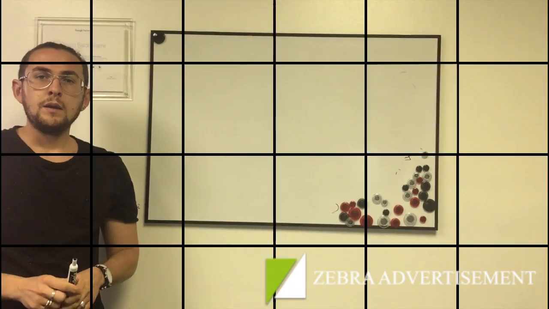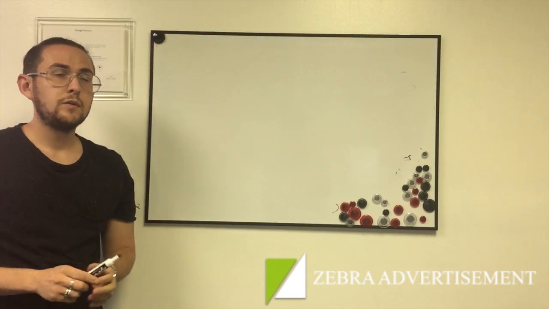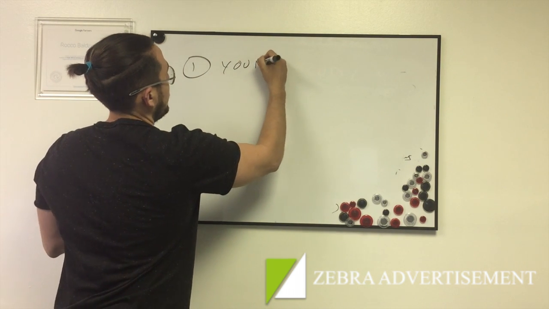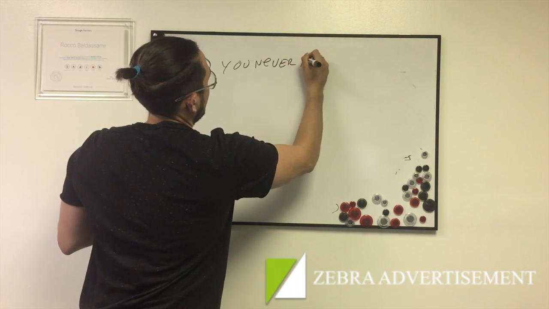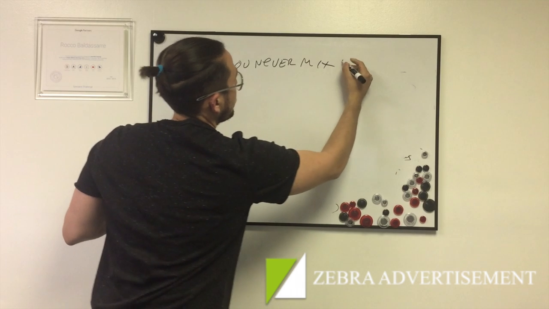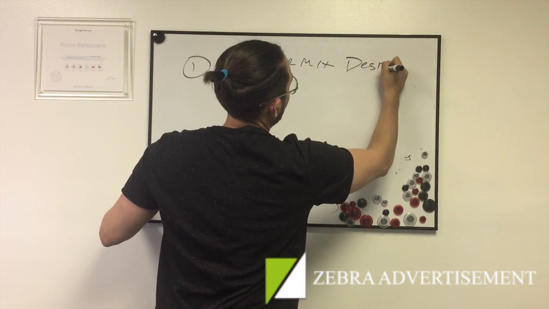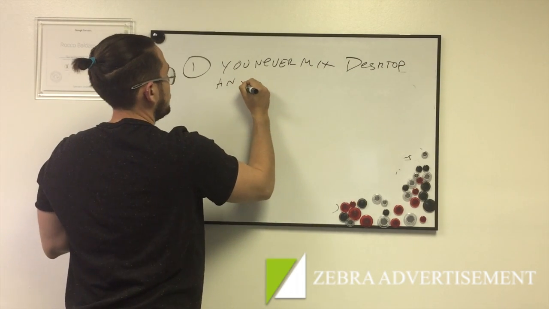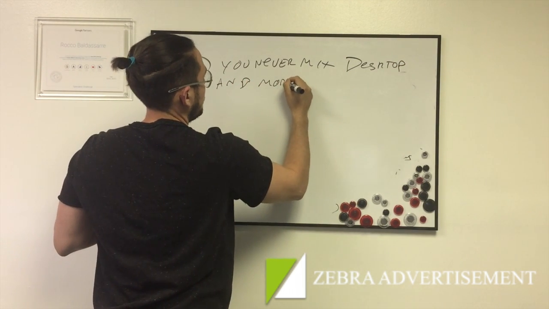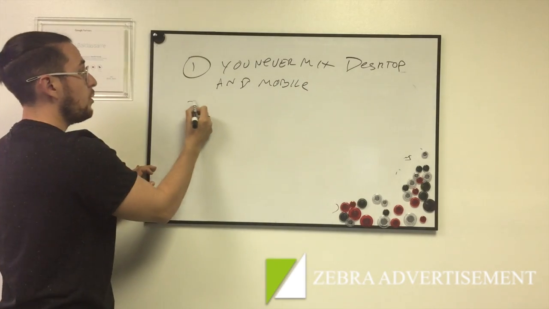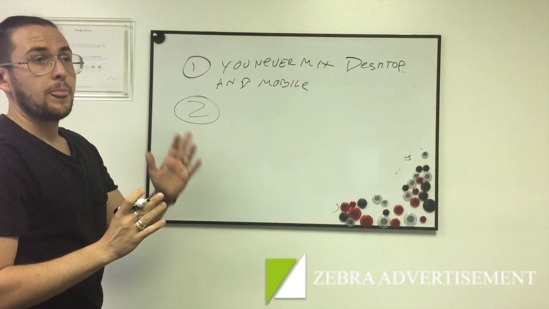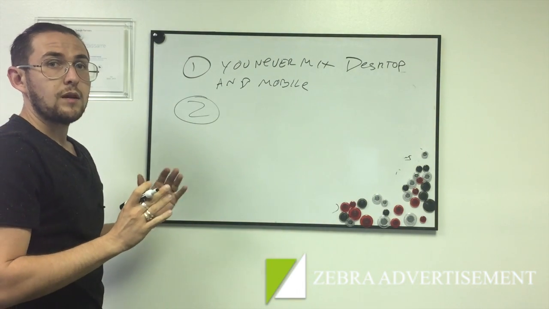So summarizing what we've learned today, as point number 1, you never mix up desktop and mobile. As a second point, we learned that it's very important to have control on budget on mobile and desktop devices separately.